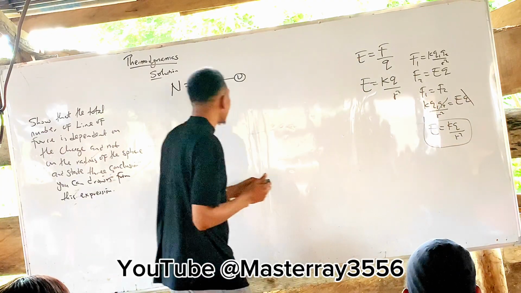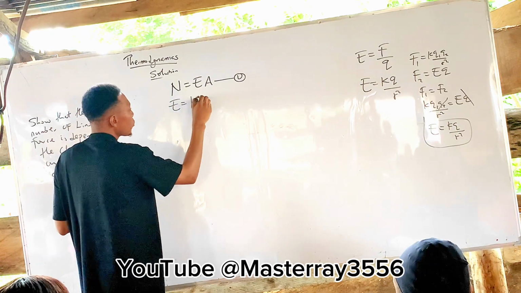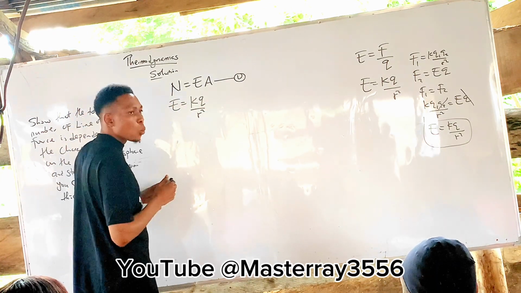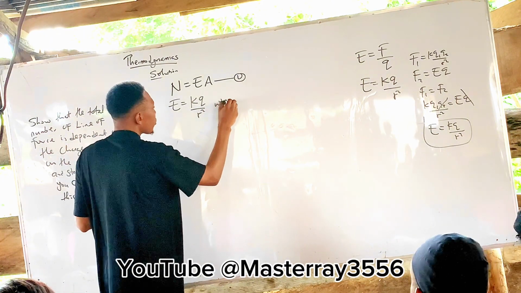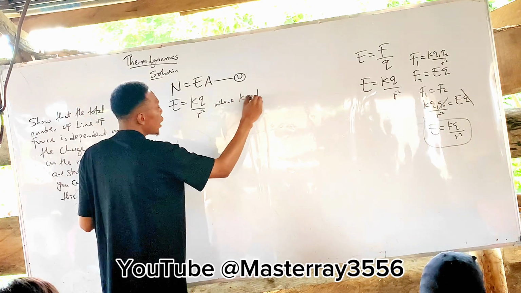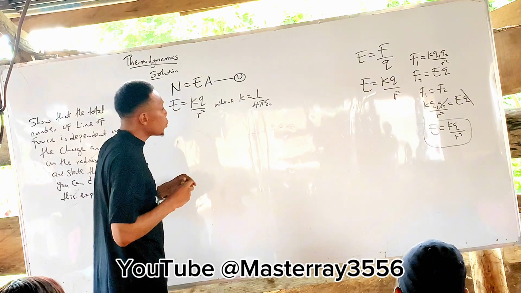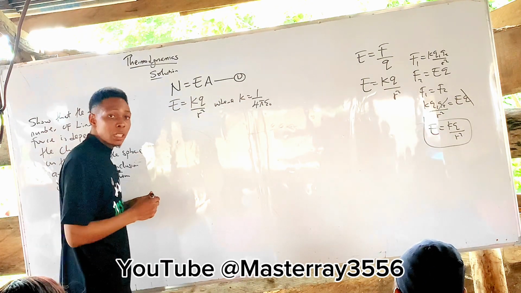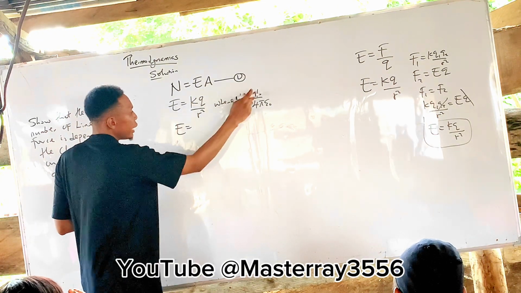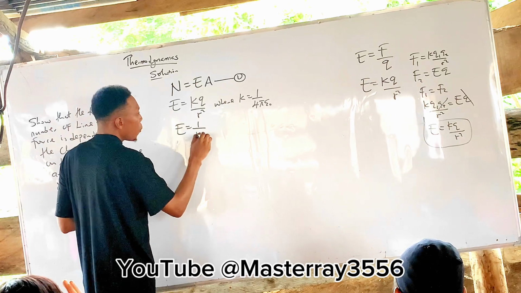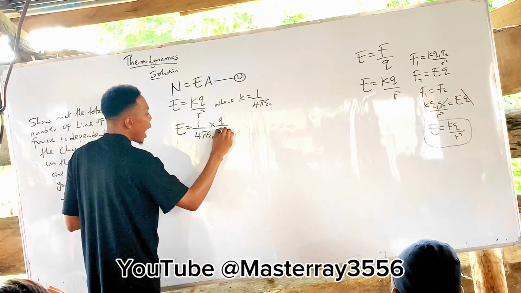So from this place, you can simply say, recall that our E is equal to KQ over R square. And don't forget, K is equal to 1 over 4 pi epsilon naught. We can substitute this into this place. Then we have E equals to 1 over 4 pi epsilon naught times Q over R square.